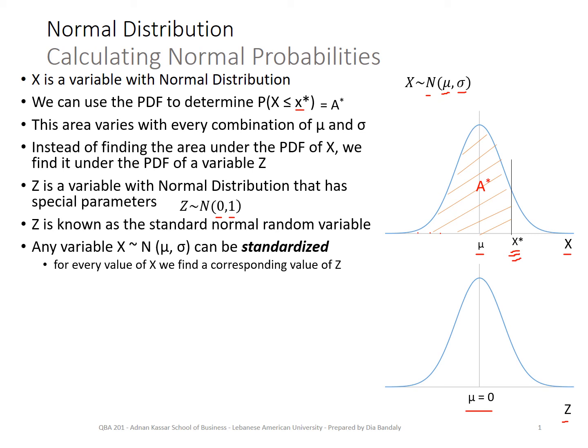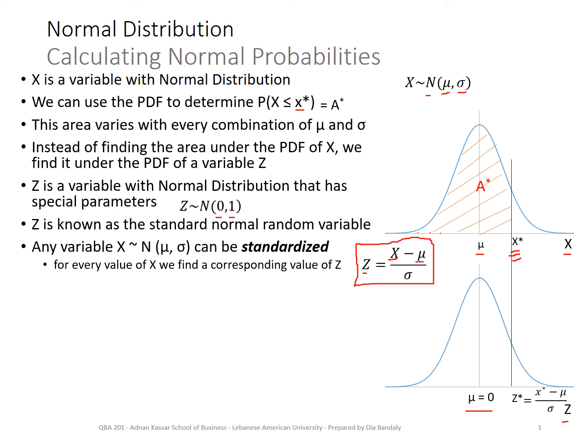Okay, any value. So let's see how do we standardize x star? Okay, we're going to standardize any value using this equation. This is, if you want, a very important equation, the z equation if you want. It gives us the equivalence for any value of x, its equivalent value in z. Okay, so for our example here, where we're interested in x star, we want to find z star. So z star is, I substitute x with x star. Mu and sigma are constant for that variable.